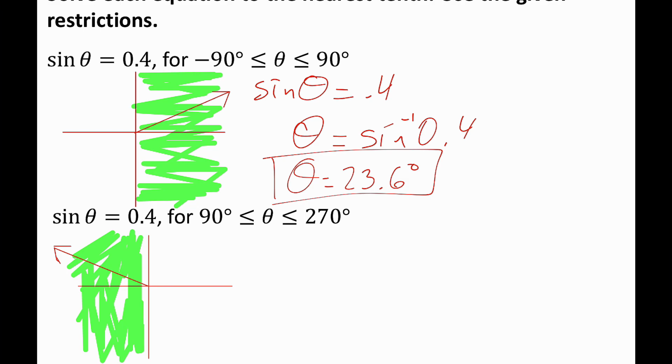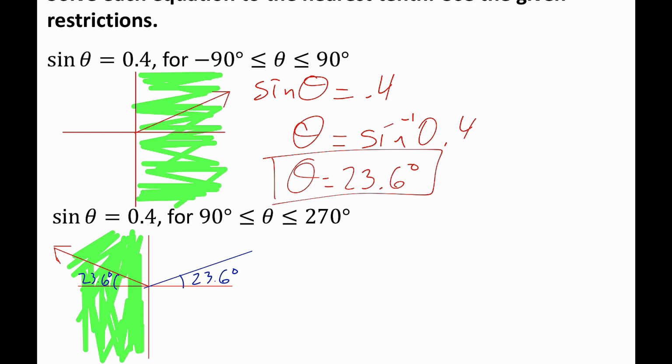Well, let me draw you the other angle we just found. This one that we just found was 23.6. Here's another 23.6. We talked about reference angles a couple sections ago, and this is where they really come into play. So that is 23.6 degrees there.